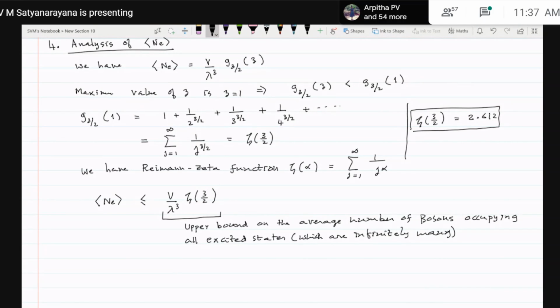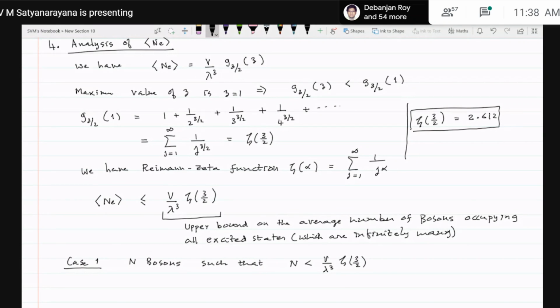Now imagine that you are doing an experiment like this. Let's discuss it as case 1. Suppose we have n particles, n bosons, such that n is less than V by lambda cube into zeta of 3 by 2.